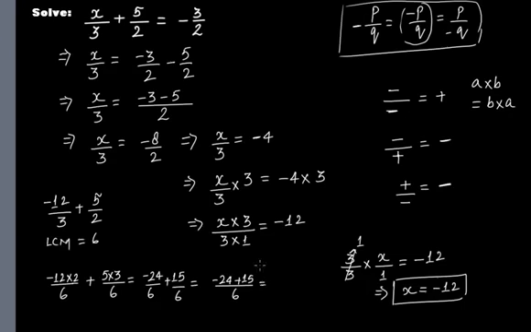Minus 24 plus 15 means what? Minus 9 over 6. If you find the highest common factor of 9 and 6, you'll get 3. Divide 9 by 3, you get 3. And divide 6 by 3, you get 2. So your number is minus 3 by 2. And you can see here, we are getting the same result, right?